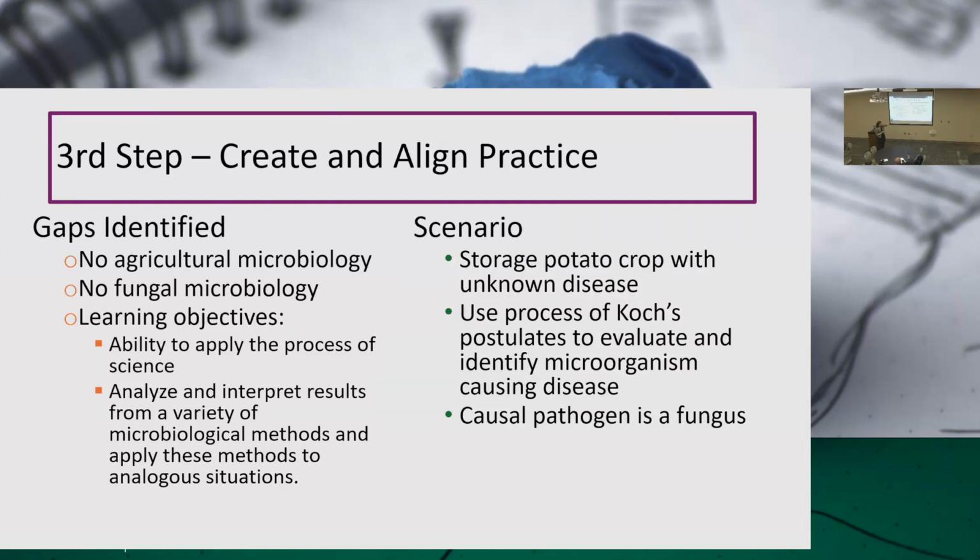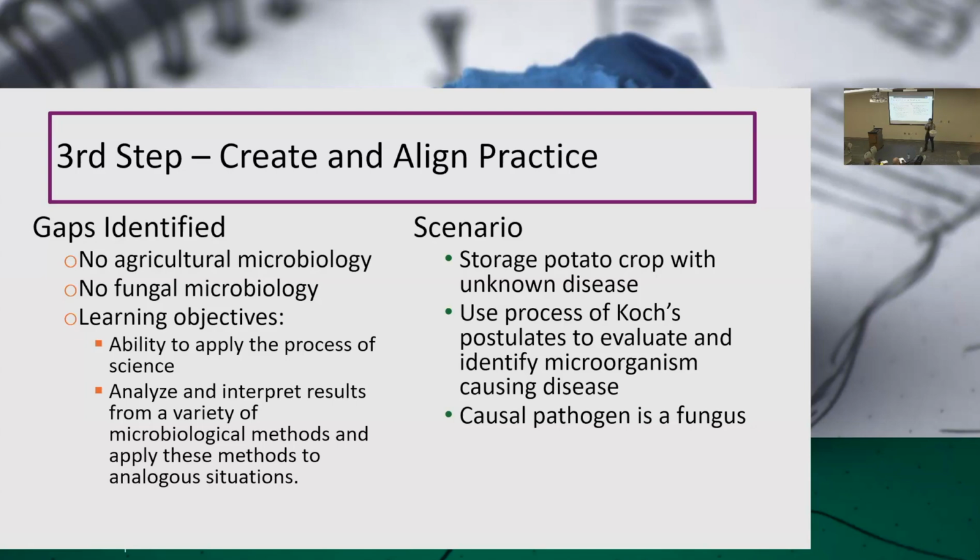So we decided to come up with a scenario involving a crop storage issue with potatoes and an unknown disease. And we wanted to bring in another essential component of microbiology, which is Koch's postulates, the process of identifying the causal organism for a particular disease.